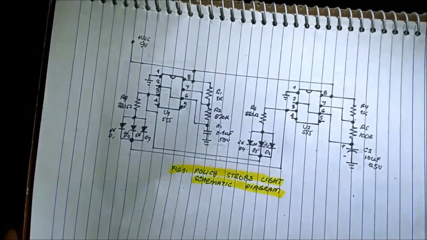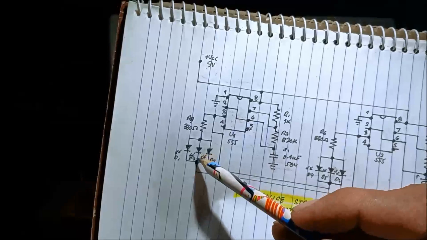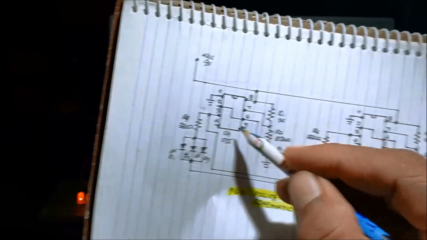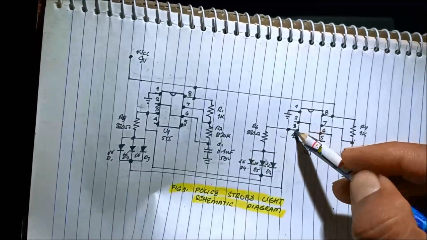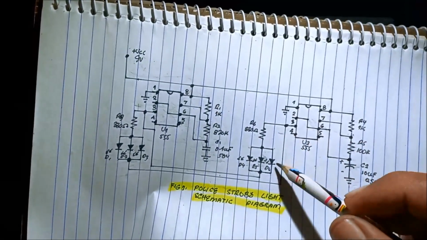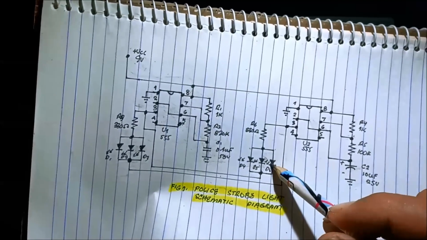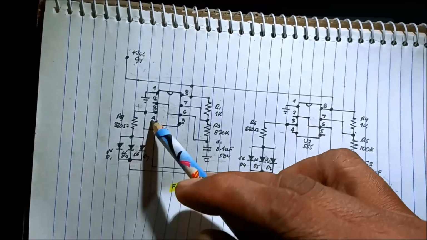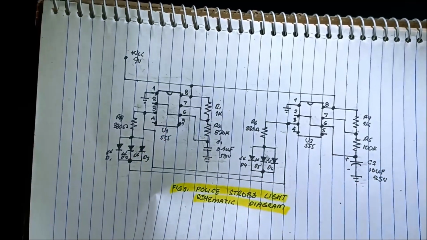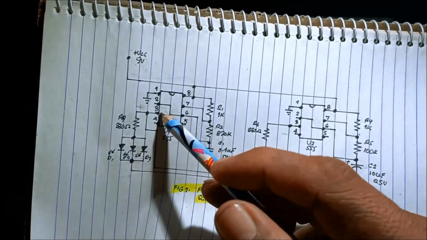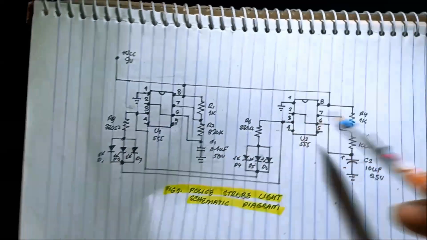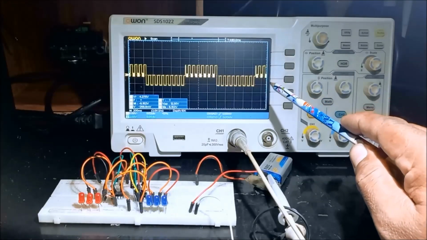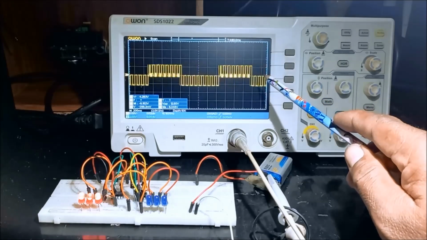The positive is connected to the red LED, the positive here at pin number 3, and then the negative to the output of the blue LED. So this one is out, this one is in. And you can see here we have two sets of oscillator.